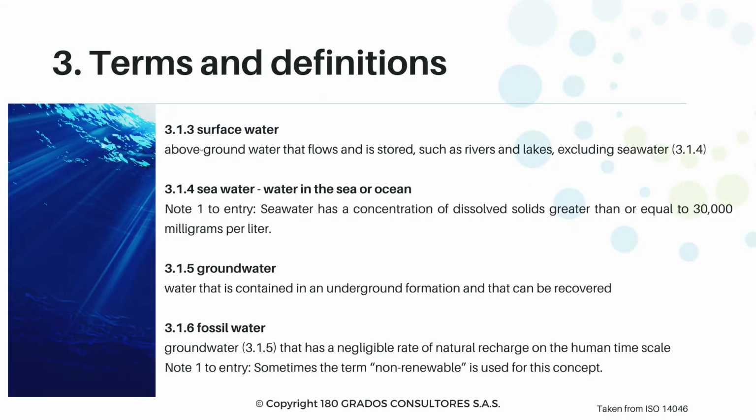The standard also defines seawater. Seawater is the water found in the sea and the ocean. Its principal feature is its highest concentration of dissolved solids, generally more than 30,000 milligrams per liter, significantly differentiating it from fresh water and brackish water. Another one is groundwater. It's another important category, referred to as the water contained in subterranean formations that can be recovered.